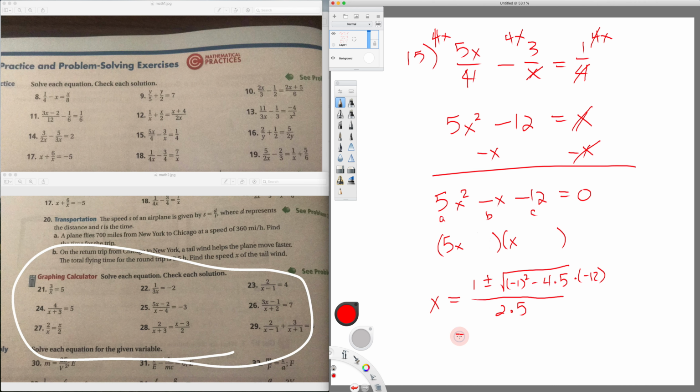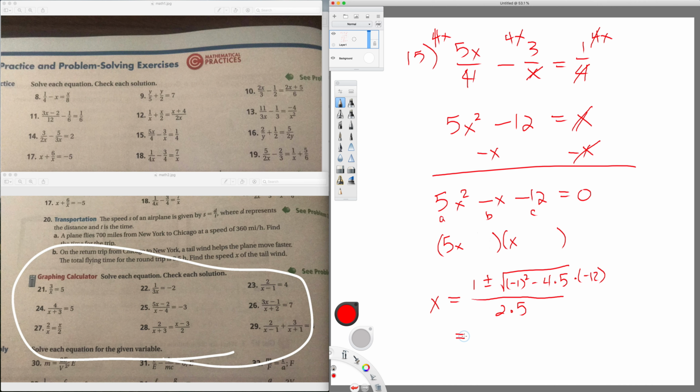I'll pull out my trusty calculator here, with it on, of course. Oh, 1 plus 4 times 5 times 12, and the square root of that.